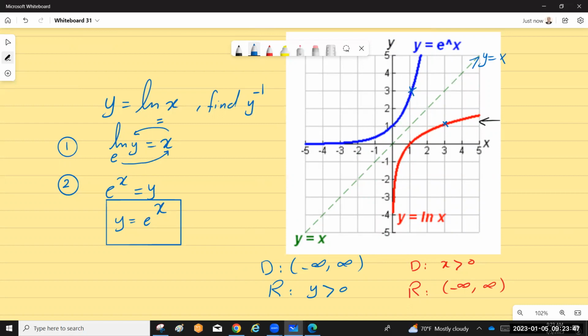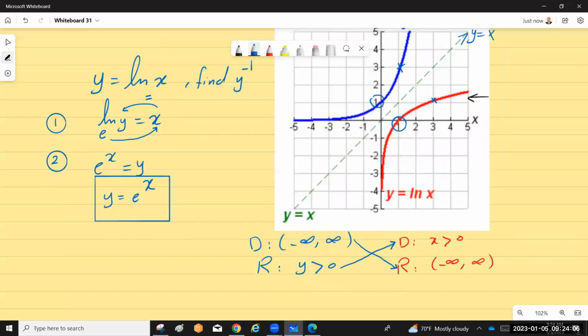Look, this point 1, 0 becomes 0, 1. The flipped one lies on the inverse function. Also, the domain of the function is the range of its inverse, and the range of the function is the domain of its inverse. This is true for any function and its inverse.